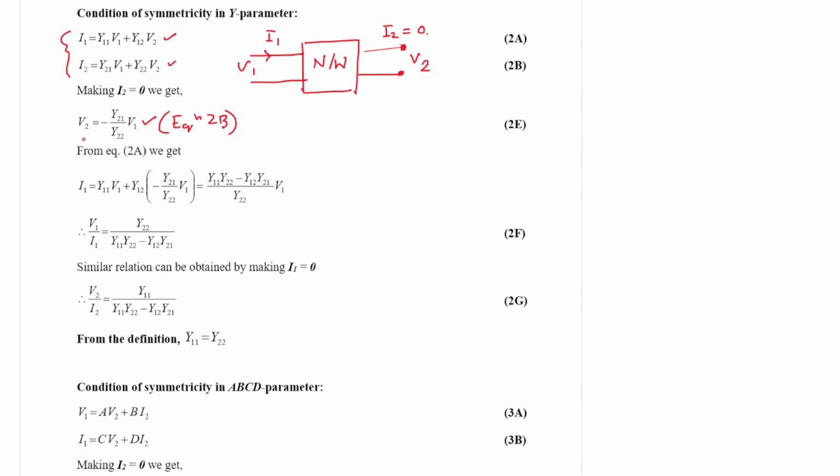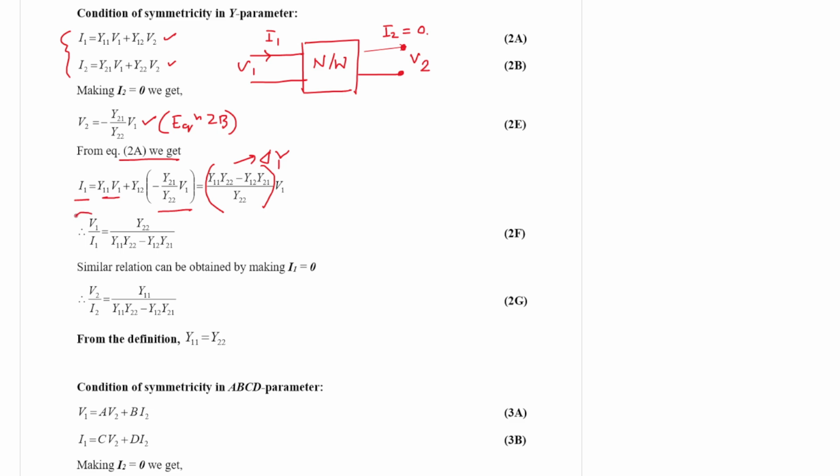Now if you substitute V2 in equation 2a, we get I1 is equal to Y11 V1 plus Y12 times this V2. If you solve, you will get Y11 Y22 minus Y12 Y21, which we call delta Y, divided by Y22, into V1.